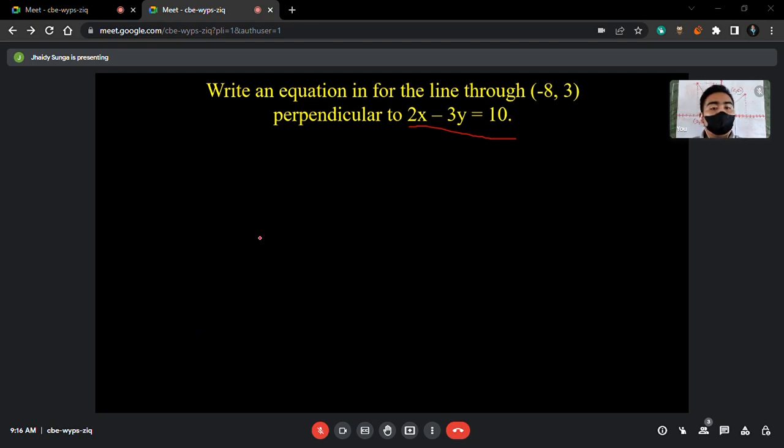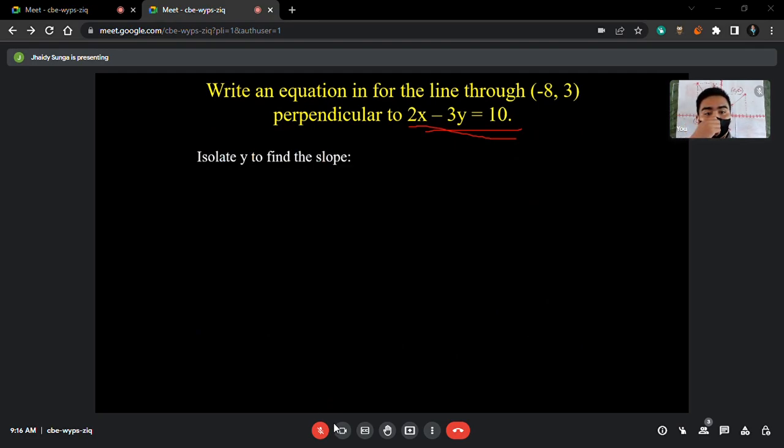So what comes first? In order for us to know what is the equation, first is to find the slope. How are we going to find the slope? First is to arrange this one into slope-intercept form, isn't it? And isolate y to find the slope.